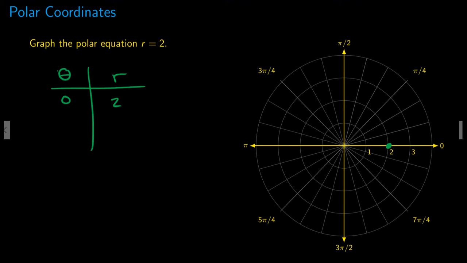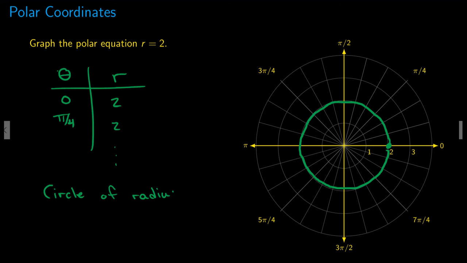When theta equals pi over 4, r is going to be 2. And r is 2 everywhere, so it would stay that way. So if we look here, for all values of theta, I get 2. And so I just trace out this circle, and it's a circle of radius 2, centered at the origin.